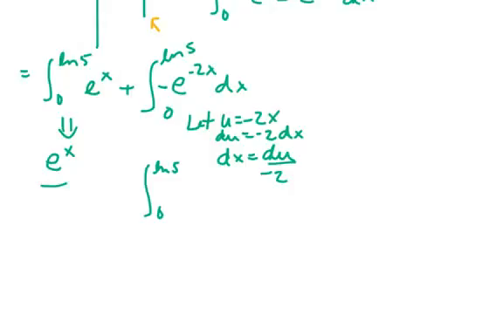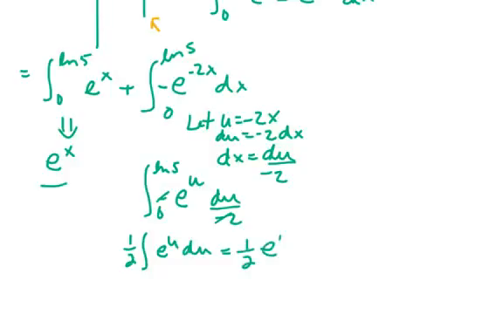So dx equals du over negative 2. I've got a negative sign here, and this is e to the u now. I'm going to cancel out and pull the 1/2 out front, and I'm left with e to the u du, which is simply 1/2 e to the u, which is 1/2 e to the negative 2x.